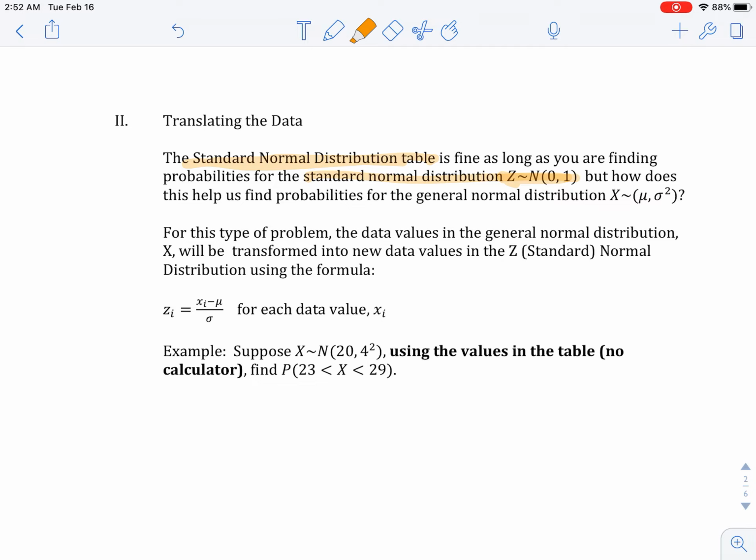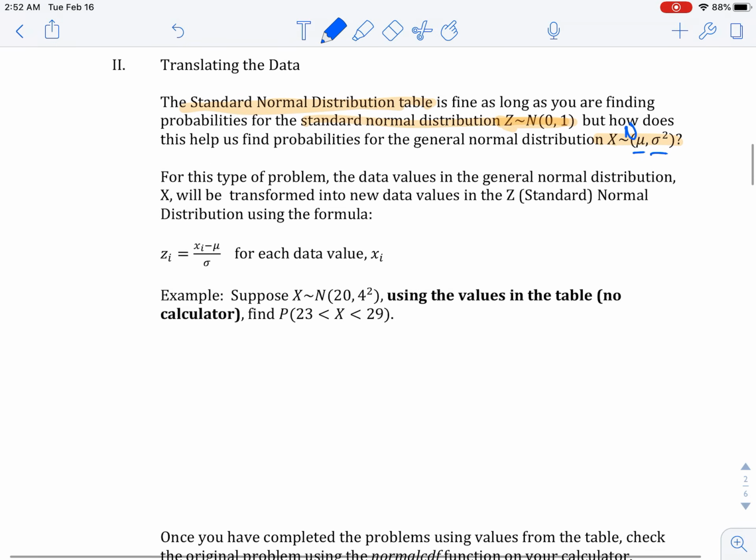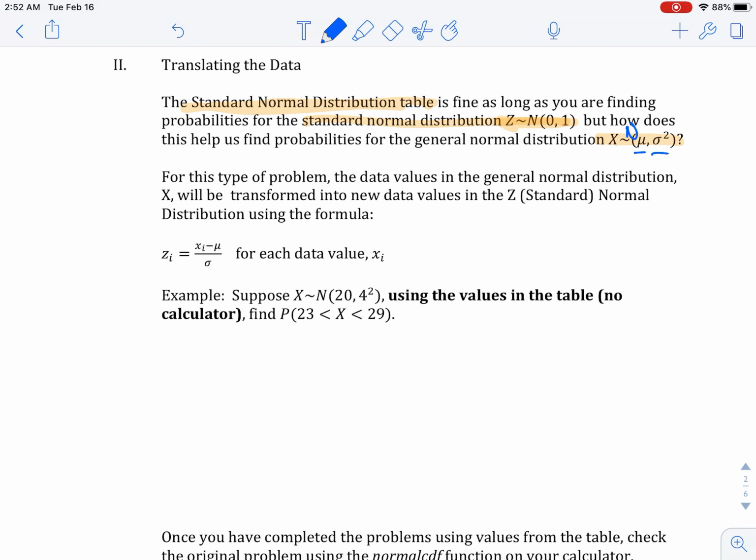So the question is, how does that help us find the probabilities for the general normal distribution, if x follows the normal distribution with a mean of mu and a variance of sigma squared, so a standard deviation of sigma. For this type of problem, we're going to transform our values, our general mean and standard deviation, into new data values that are in the z or the standard normal distribution.